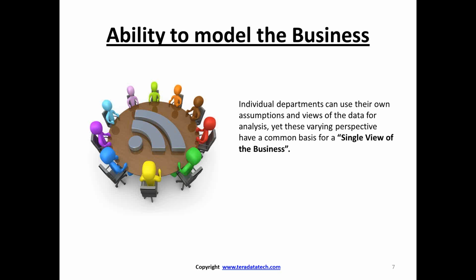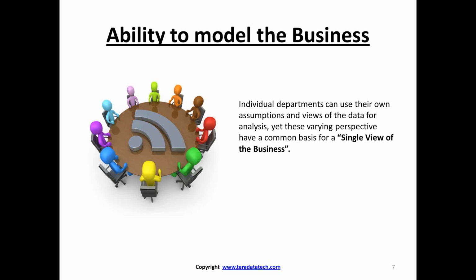Suppose in an organization we have different departments like HR, finance, transportation, and each department extracts data from the data warehouse itself with its own data model or its own data marts built for its particular department. So ideally, whoever accesses that data will have the same value, the same version of truth.